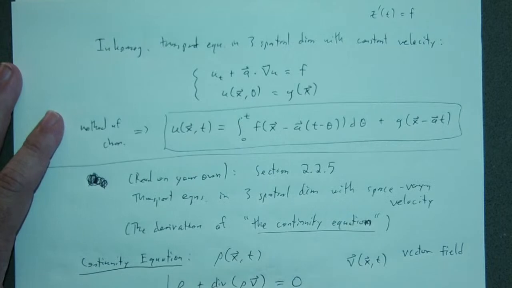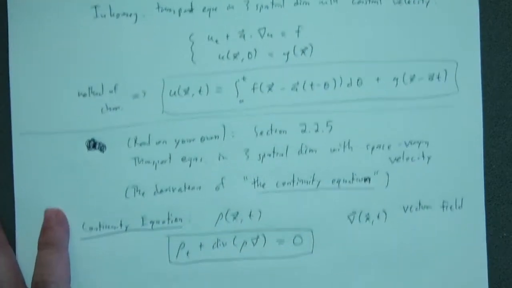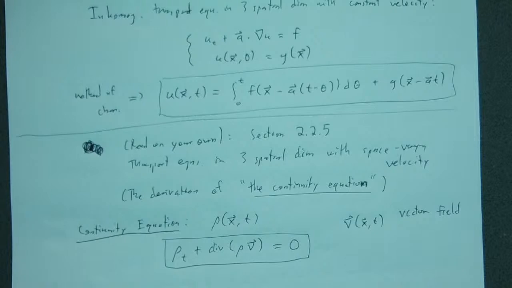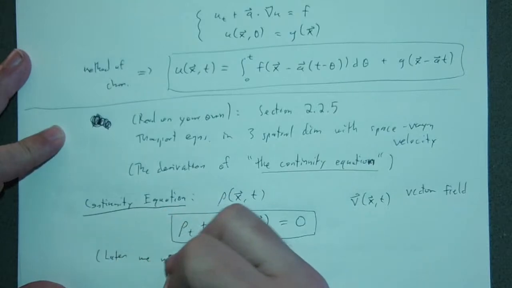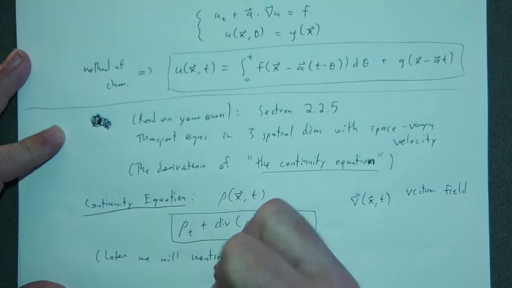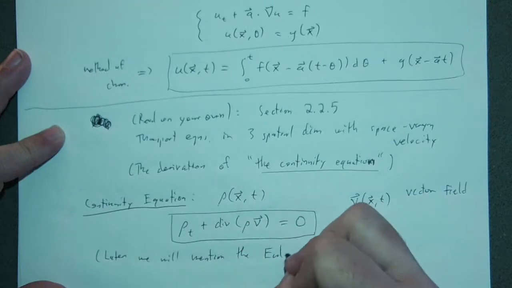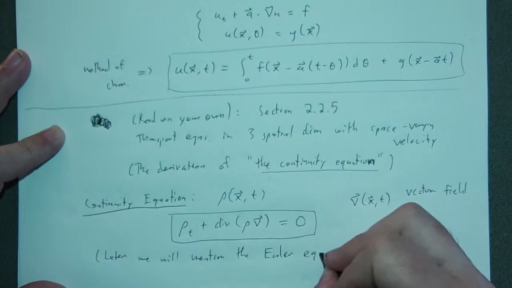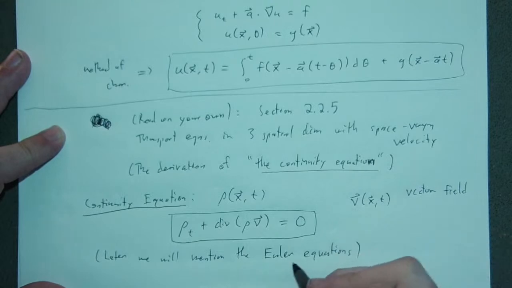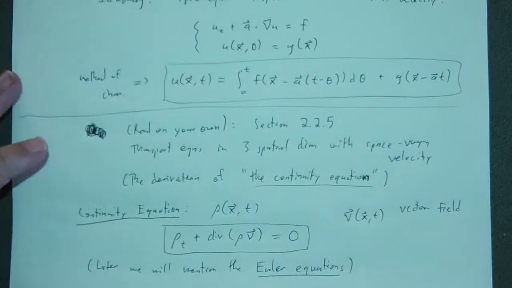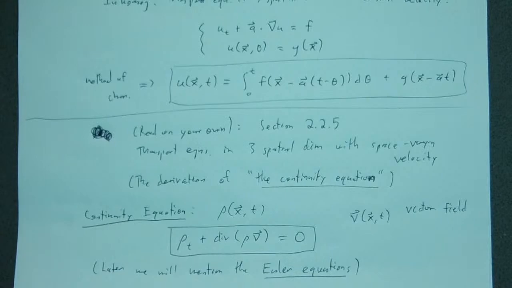So this is the continuity equation. This is one of what are called the Euler equations. Later we'll mention the Euler equations for incompressible fluids, of which the continuity equation is one.